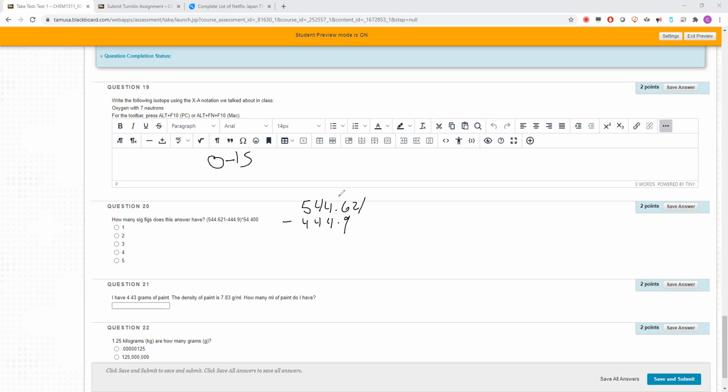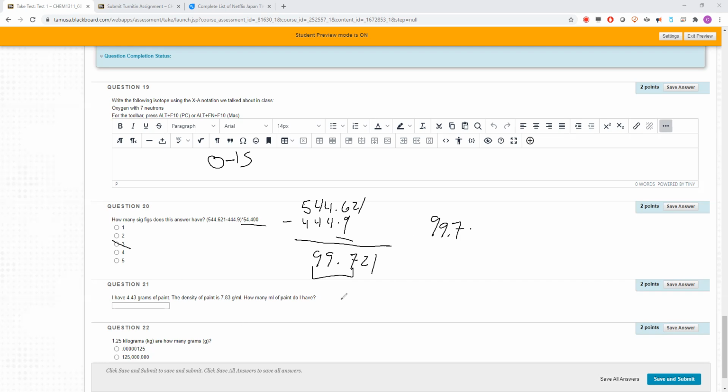And we get 99.721. But remember, for sig figs, we have to go to the last decimal when addition and subtraction. So it's 99.7 multiplied by a number that's 5 sig figs now. So you pick the one with the lowest when you do multiplication and division. So it has 3 sig figs.